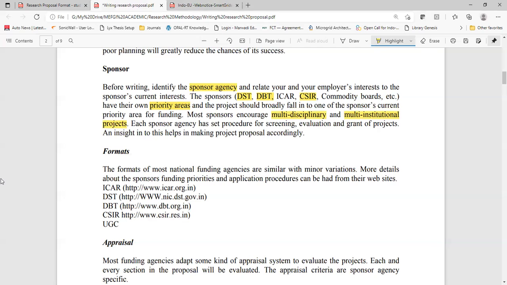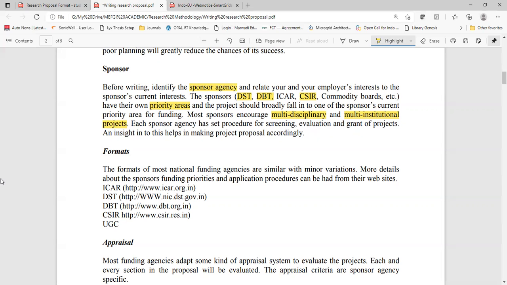And it is expected that the project is multidisciplinary. Okay, so you can't say that, oh, I only want to design one motor. No, that is not possible. You need to clearly show that this motor is meant for so and so purpose, and then I'm going to add this many attributes to the design so that it will be applicable in the industry.